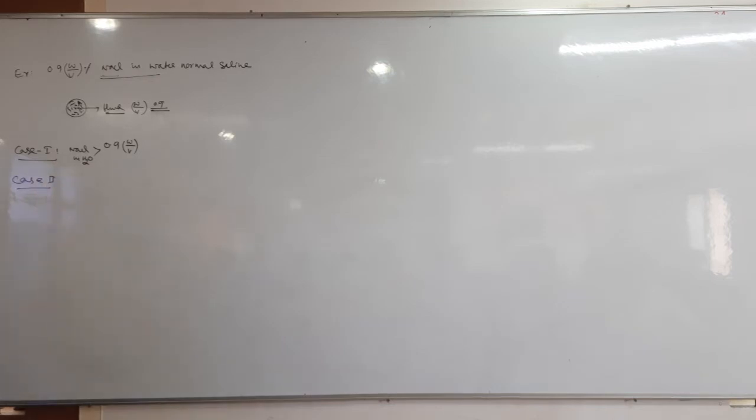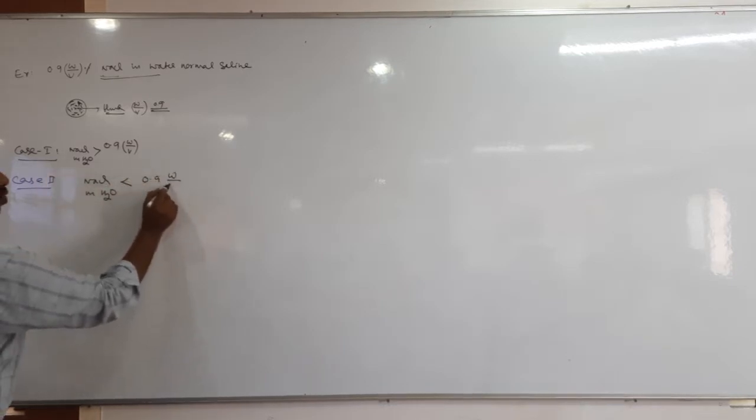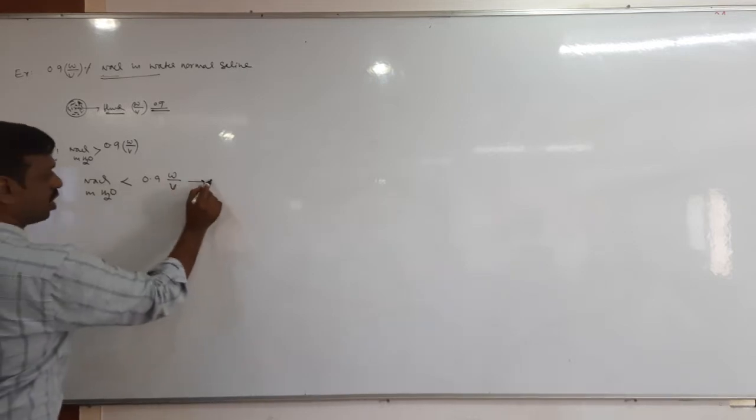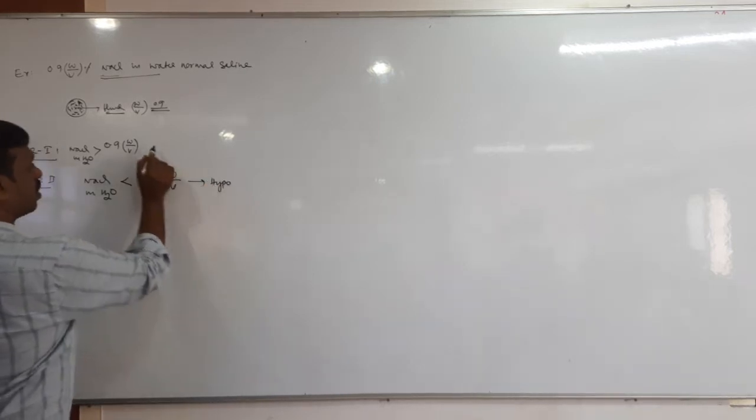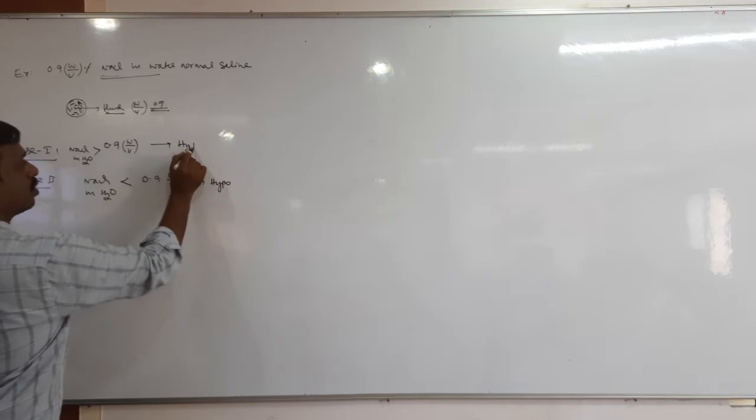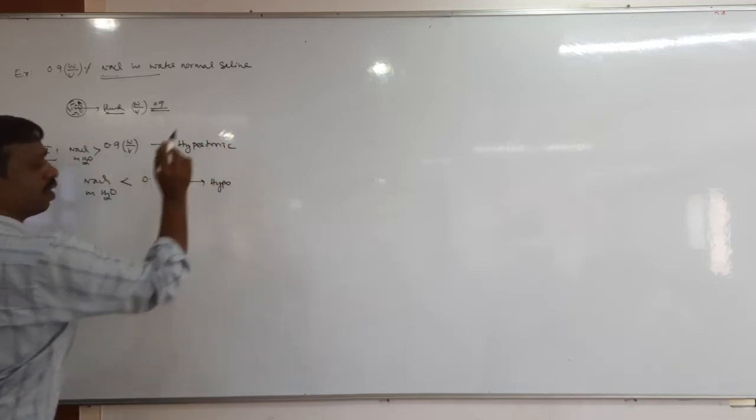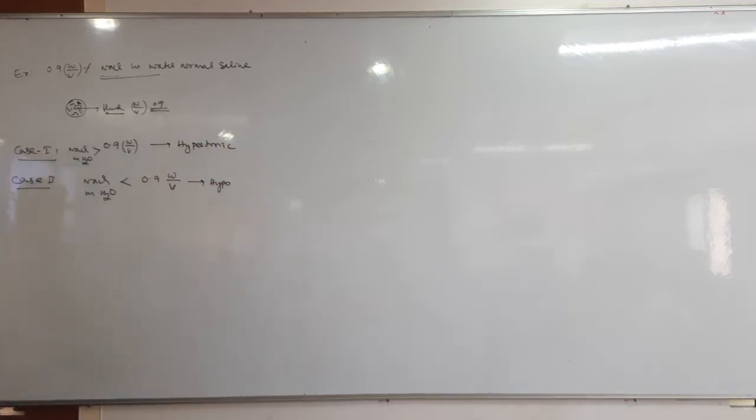Hypertonic solution. Yes or no? Similarly, if the concentration of NaCl in water is less than 0.9 W by V, it is called what? This is hypotonic. Okay, I repeat once again, listen carefully.